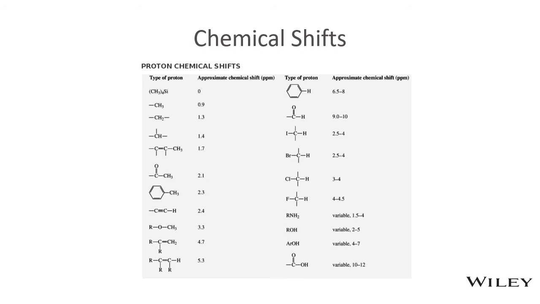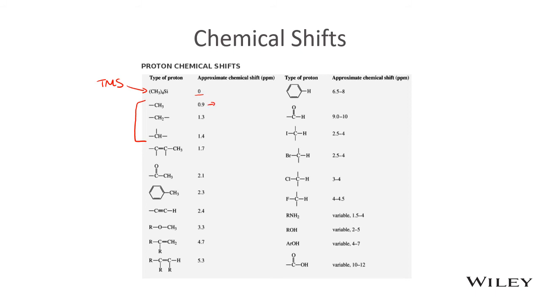It's showing the chemical shifts for different types of hydrogens that could appear in a molecule. So first things first, we have our TMS, which is just our standard, and it's always going to be at 0. These 3 groups are our base alkane hydrogens.